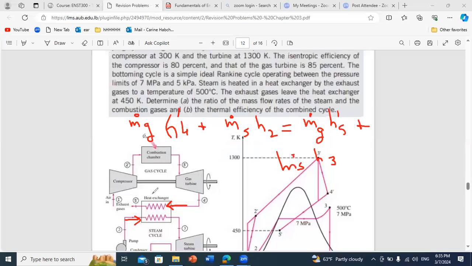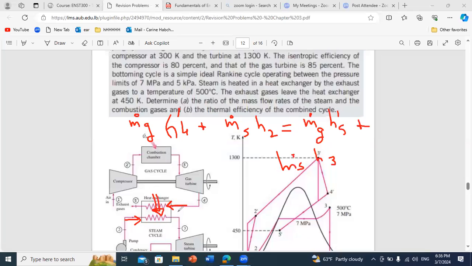You can say that the amount of heat lost by a stream of the gas cycle is equal to the one received by the steam cycle, because what is lost by gas is gained by steam, since we assume no heat loss to the surrounding.